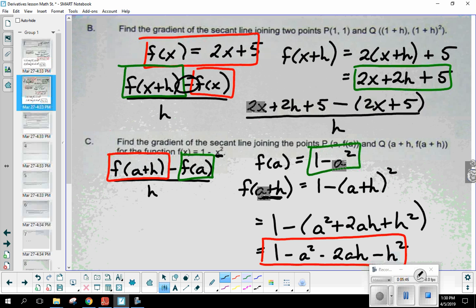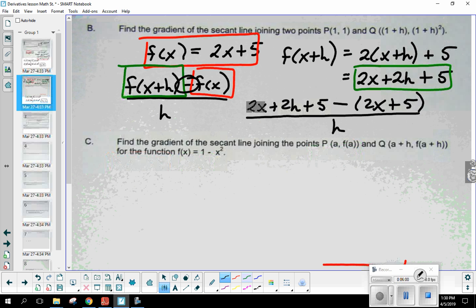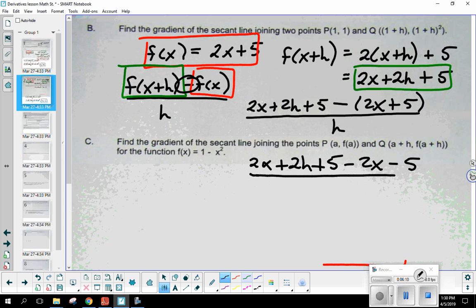So depending on the function that you're going to be plugging into, you could conceivably have a really large numerator, but your denominator is always just going to be h. Okay. So let me go ahead and remove this down here so I have a little more space to continue. So if I distribute the negative, 2x plus 2h plus 5 minus 2x minus 5 all over h.